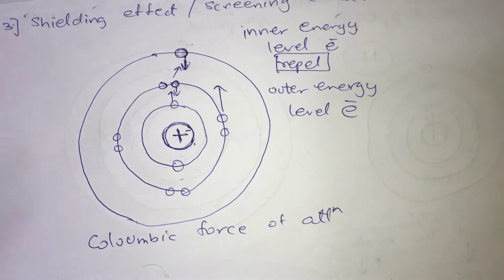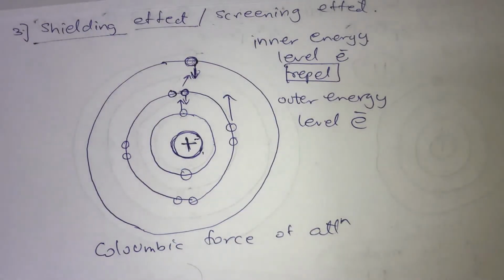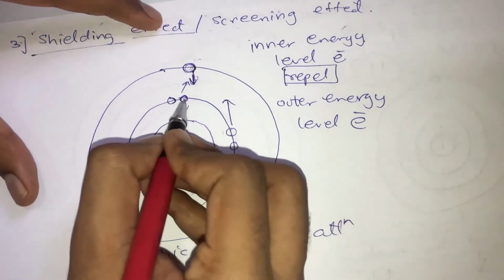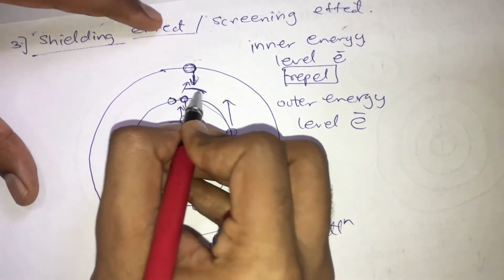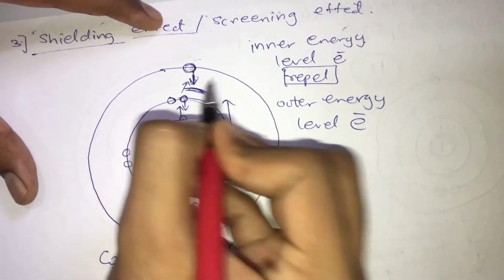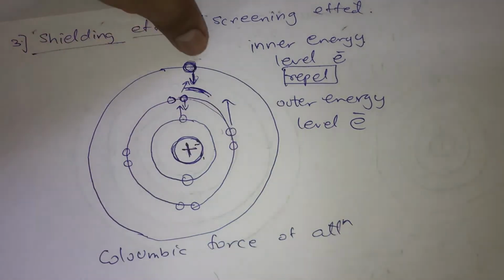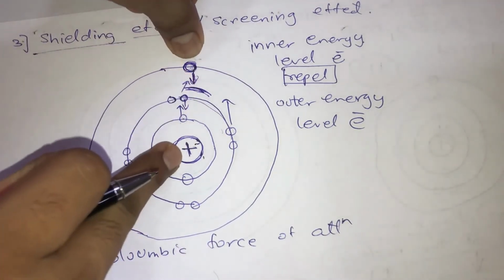So this is known as the shielding effect. Now why is it known as the shielding effect? Why is it being given the name shielding? Because these second energy level electrons act as a shield for this third energy level electron and do not allow this electron to get pulled towards the nucleus.